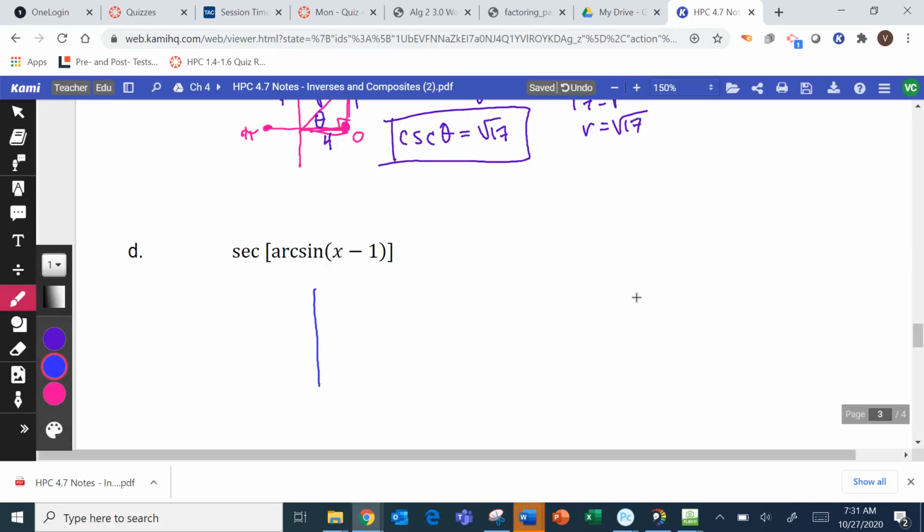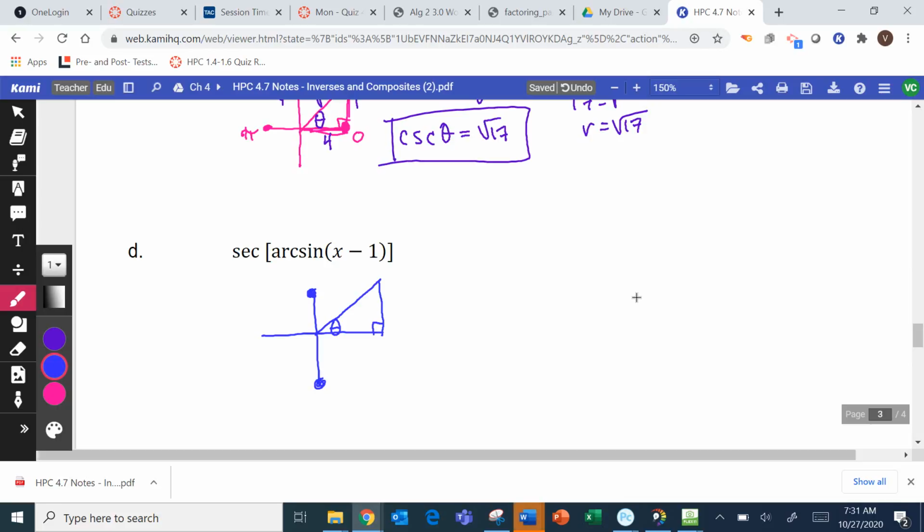All right, we've got arcsine of x minus 1, and sine is going to be from negative pi over 2 to positive pi over 2. I'm not quite sure if it's going to be negative or positive because it's x minus 1.